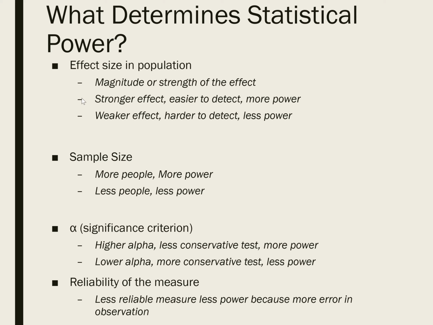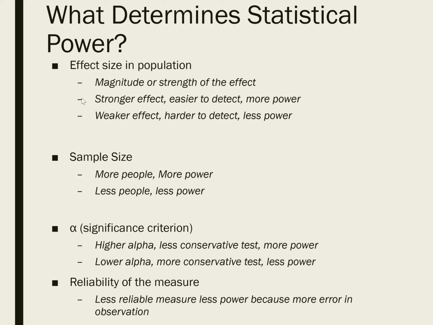Here the alternative would be, it looks like, the mean for this population is higher than the null hypothesis distribution. So that part of the alternative hypothesis distribution of means that is to the right of the significance criterion, or our rejection region, we can think of as statistical power.